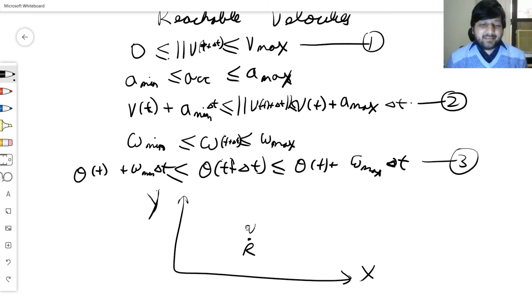And alongside it, let us consider that this is my current speed v, and this is my current orientation. Now this says that the velocity vector that I finally select will have to follow the angular constraint, so it cannot be outside this region.